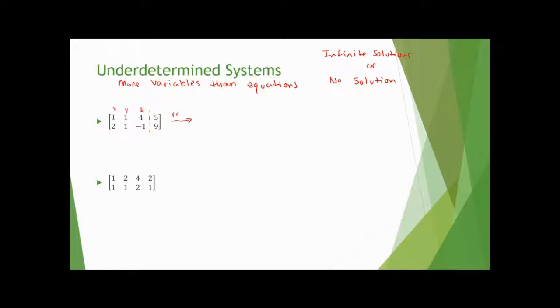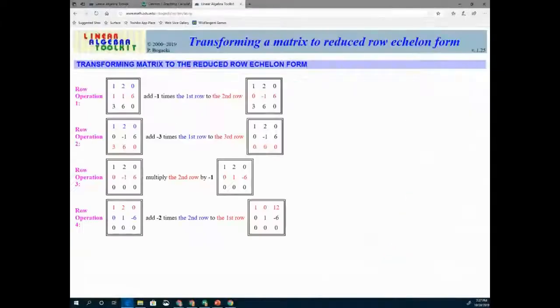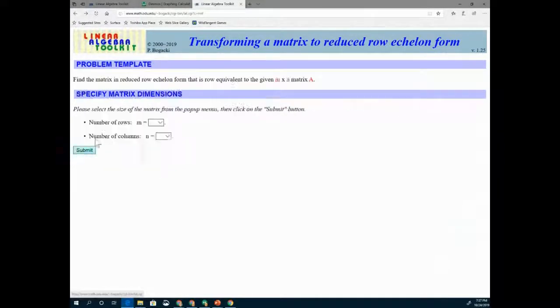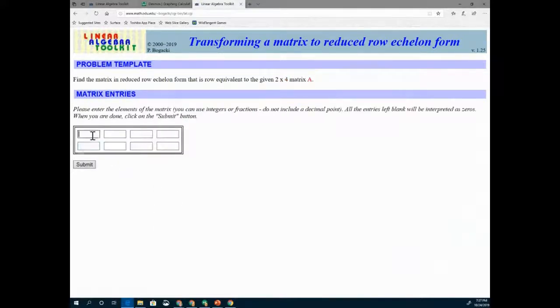So I'm going to do the reduced row echelon form again. And then I'm going to bring up my matrix solver. I have to change my dimensions. So now I have 2 rows and 4 columns. I had 1, 1, 4, 5, 2, 1, negative 1, 9.